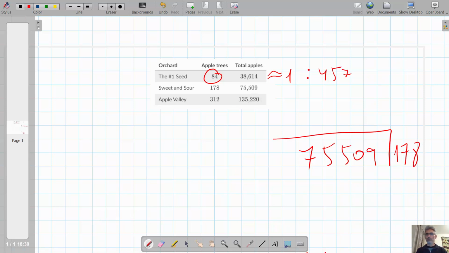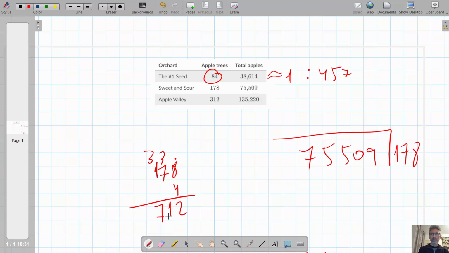178 goes into 5 times, 4 times. Let's see. 8 times 4 is 32. 4 times 7 is 28, plus 3 is 31. 4 times 1 is 4, plus 8.